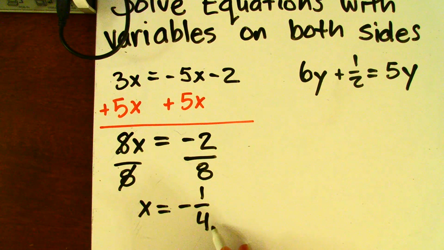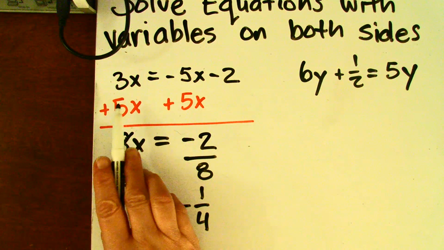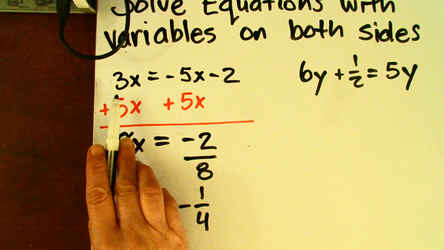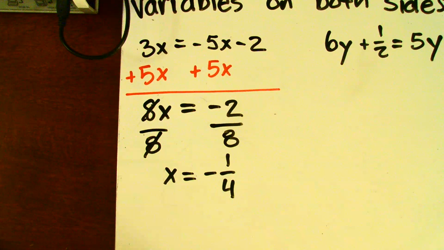Now if I plug in negative 1/4 into my original equation, I should get a true statement in which the left and right sides will be equivalent. Let's go ahead and do that.